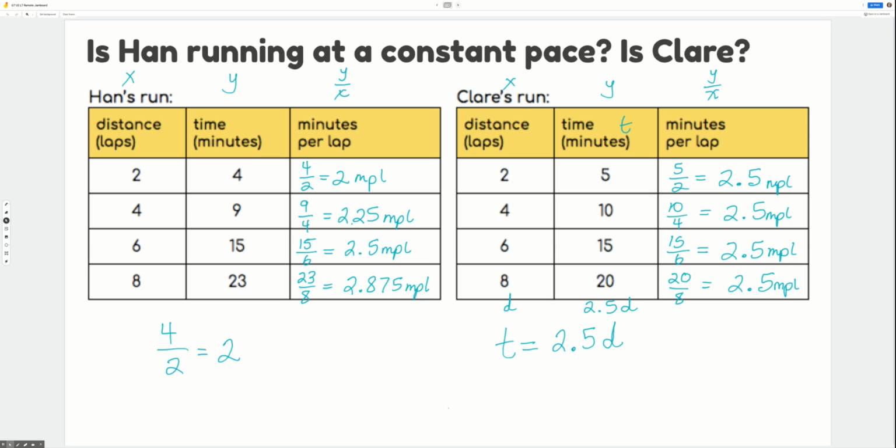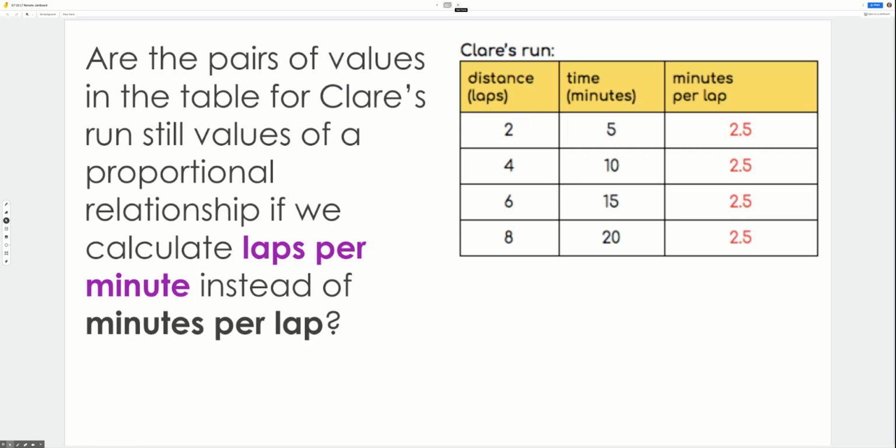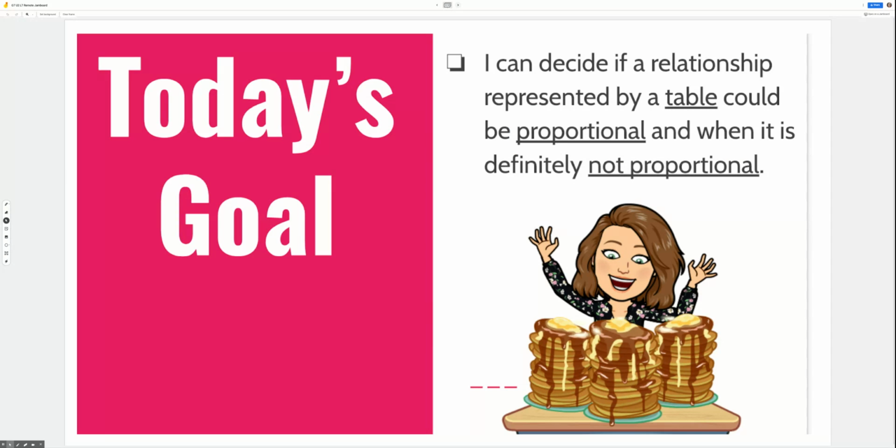So we will take a look now at reviewing our goal, which again was just taking a look at tables and determining if we have proportional relationships. In our first example, it was not a proportional relationship. Paying that $6 ahead of time really eliminated having a constant rate per person as we moved through.